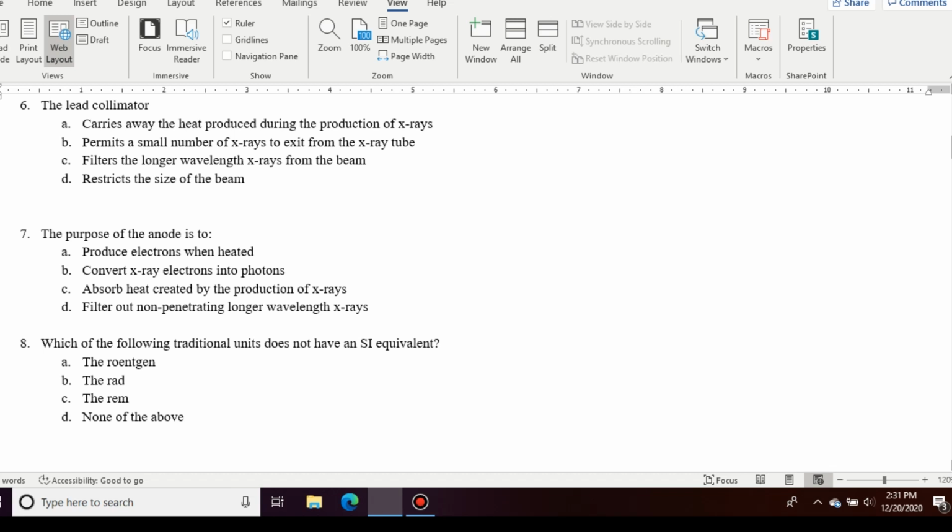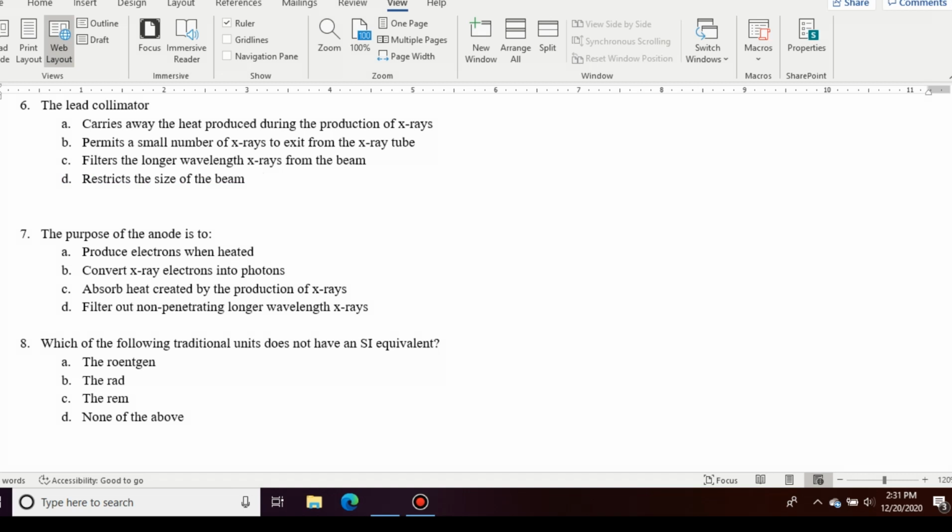A, carries away the heat produced during production of X-rays. B, permits a small number of X-rays to exit from the X-ray tube. C, filters the longer wavelength X-rays from the beam. Or D, restricts the size of the beam. The correct answer is D, restricts the size of the beam.